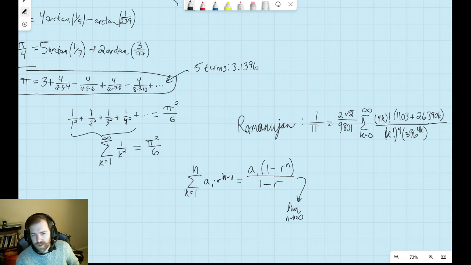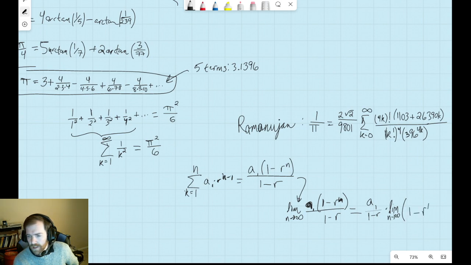So you take the limit as n goes to infinity of a sub 1 times 1 minus r to the n over 1 minus r, which is equal to a sub 1 over 1 minus r times the limit as n goes to infinity of 1 minus r to the n.